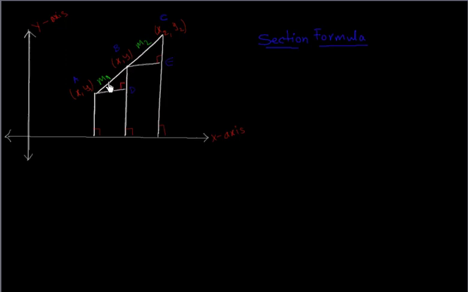So let me take A as x1 y1 and C as x2 y2. Here the point B, x comma y, divides this segment AC in the ratio M1 is to M2, right? From the point A I have drawn a perpendicular to the x-axis.